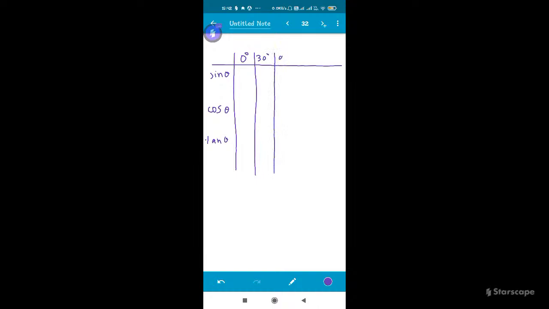First of all, we have sine, then cos, and then tan theta, for 0 degree, 30 degree, 45 degree, 60 degree and 90 degree.